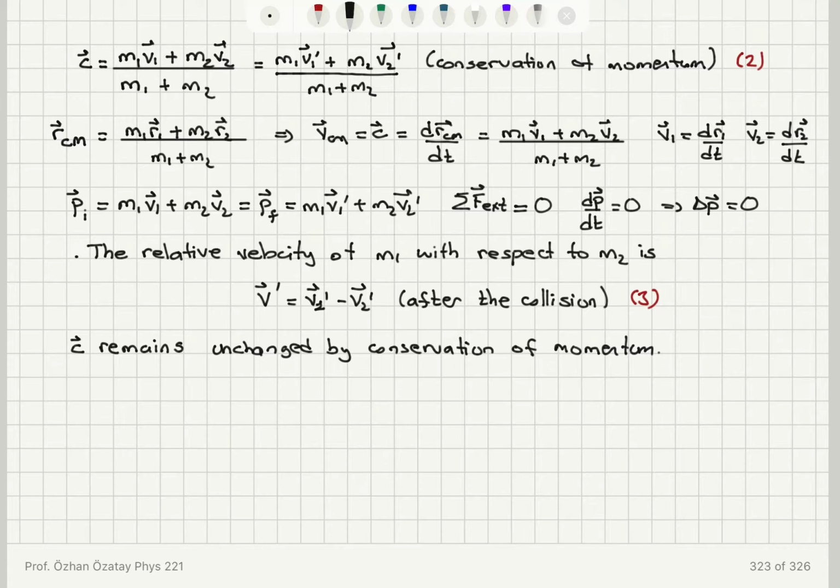At the same time, we also see that kinetic energy must be conserved, because we're assuming elastic collision.